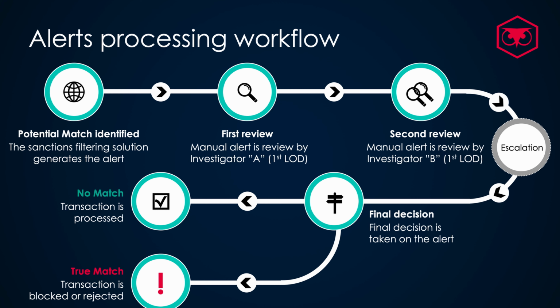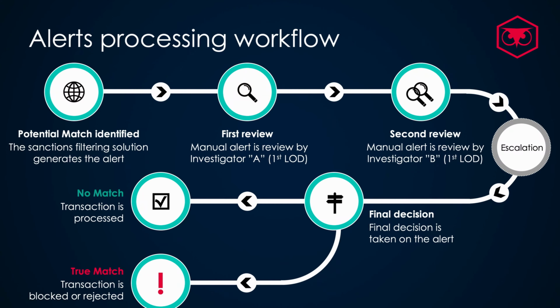The escalation can work to either discard an alert or to further confirm if the alert is a true positive. So once the alert is escalated or not, there will then be a final decision to be taken based on the 4 eyes process or on the escalation.